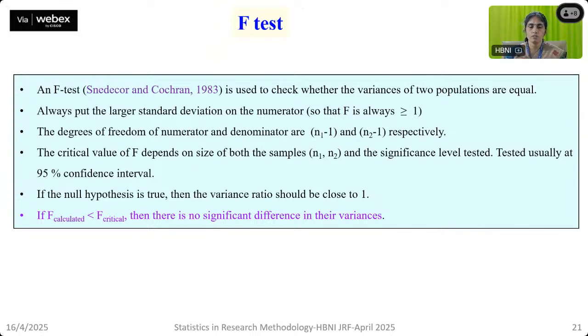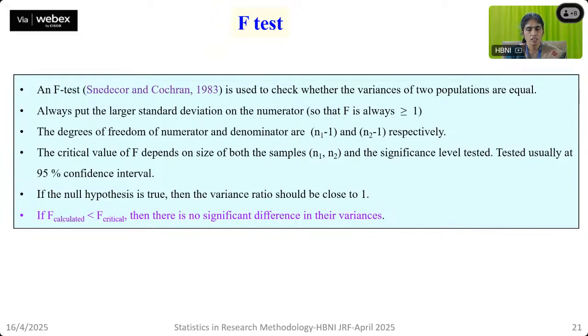The critical values of F also depend on the significance level. If not mentioned, as I told you for the t table, here again we go for the 95% confidence level. In some tables, you will see the significance level, which is nothing but 100 minus the confidence level. If the null hypothesis is true, that is a very ideal case, then the variance ratio is almost 1, very close to 1.